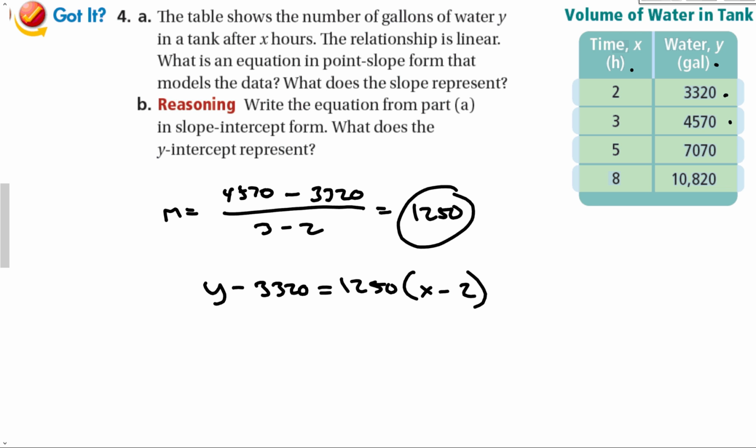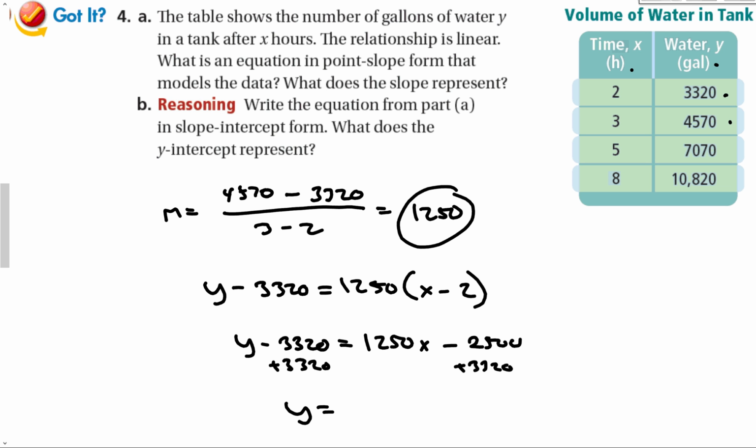And then finally, write the equation in slope-intercept form. So this is going to be the same technique that we used before. We're just going to distribute 1250 times x minus 2, and 2 times 1250 gives me 2500. And then add 3320 to both sides.